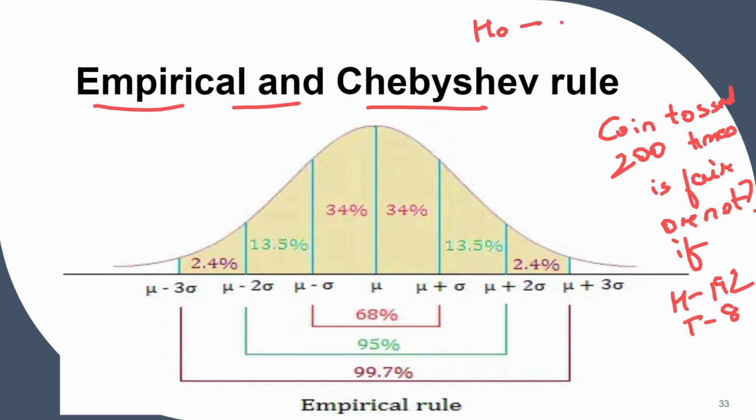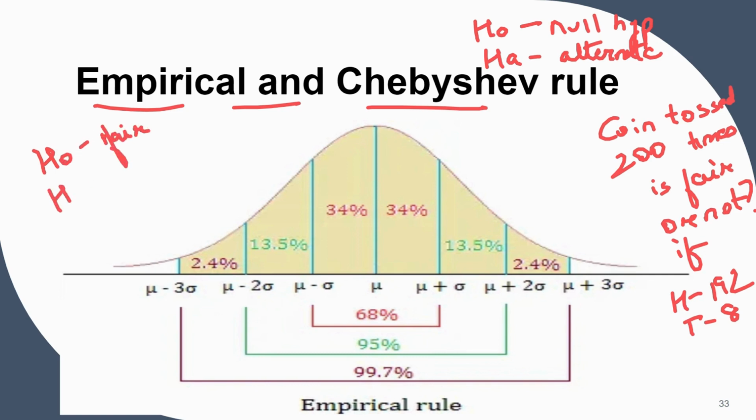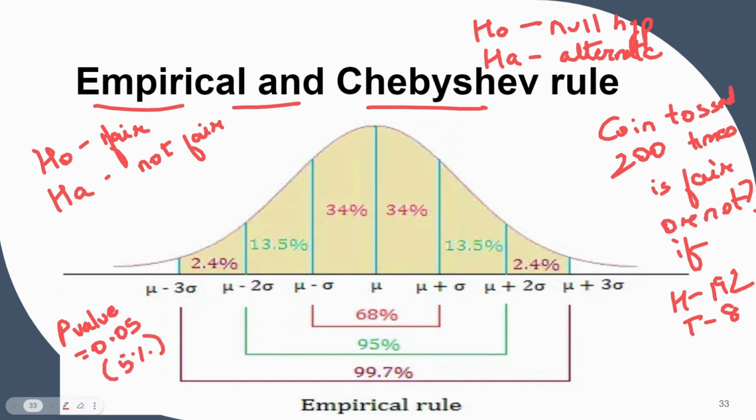So our hypothesis says that H0 is the null hypothesis and HA is the alternate. The null hypothesis says fair and the alternate says not fair, and our hypothesis test says that we have got a probability of 0.05, which means 5%.